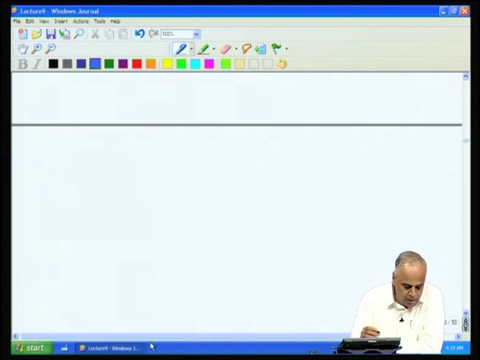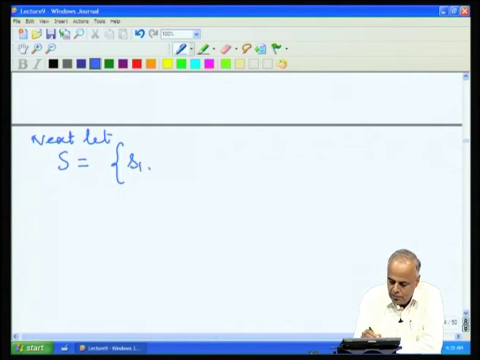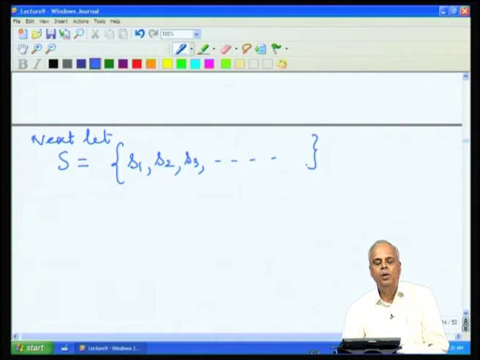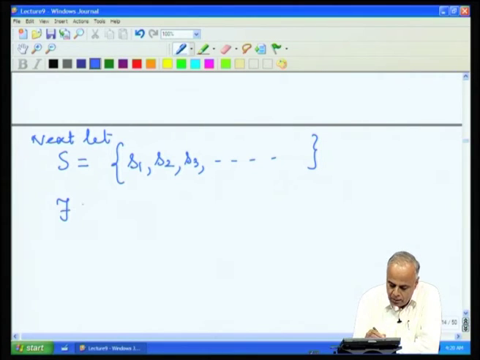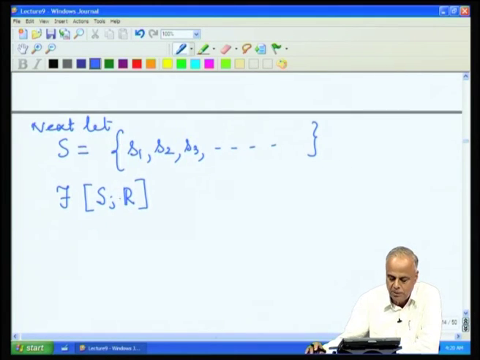Next, let us look at another simple version. Instead of the finite set, let us look at a discrete sequence S1, S2, S3, etc. So we have now an infinite sequence. Now look at the set of all functions from S to R. What does this mean?